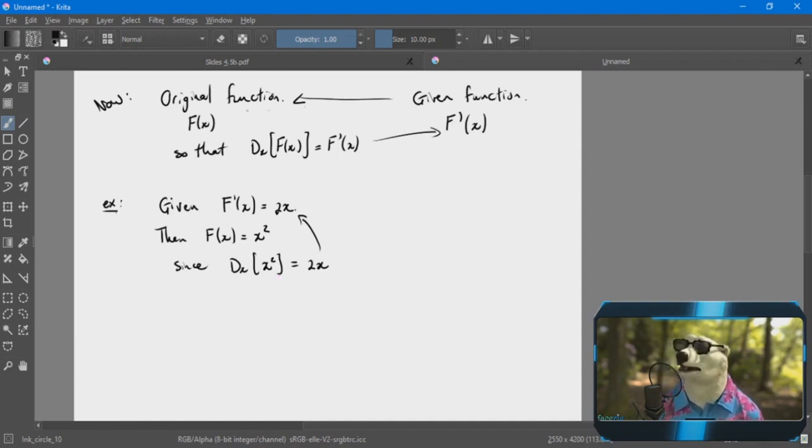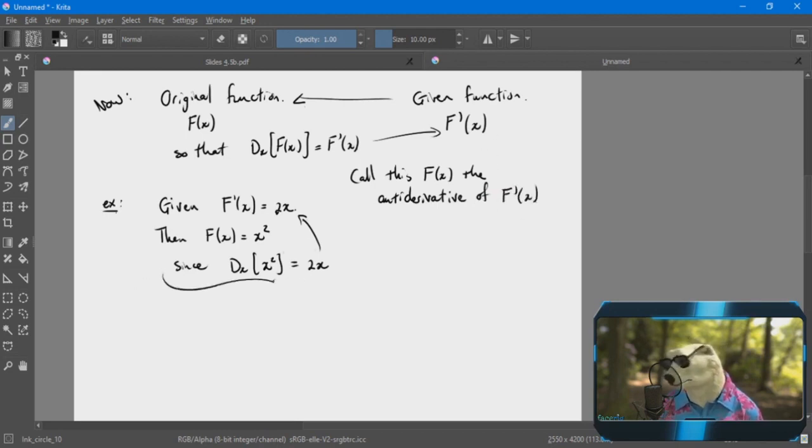But when I ask this backwards, we call this original function the antiderivative of that derivative.